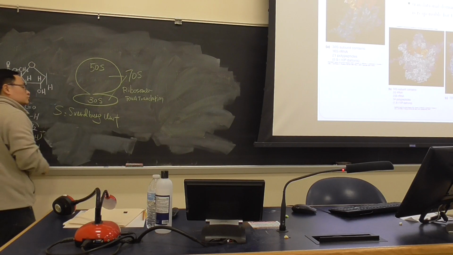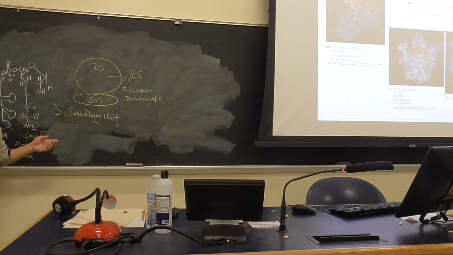This measures the velocity and speed of sedimentation. It's not a simple mass. So that's why you have 50S and 30S. You combine them together, they become 70S instead of 80S.